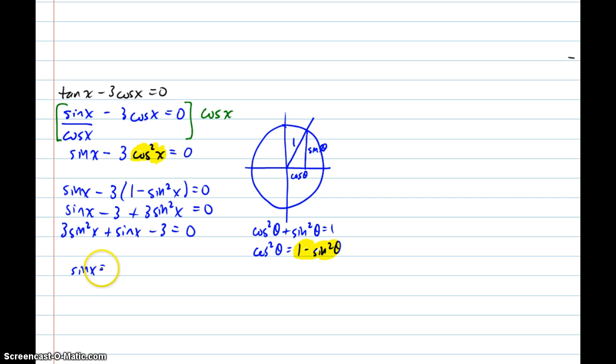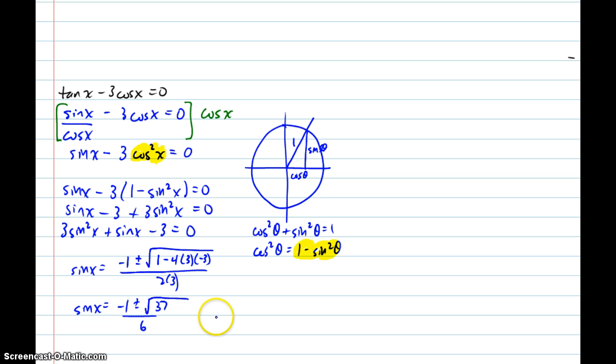Sine of x equals negative 1 plus or minus the square root of 1 squared minus 4ac, all over 2a. So I get sine of x is equal to negative 1 plus or minus the square root of 37, over 6.